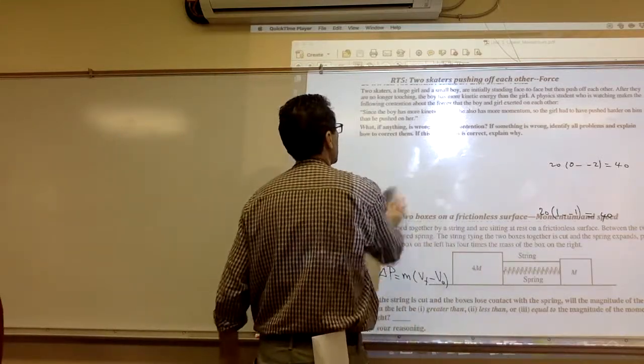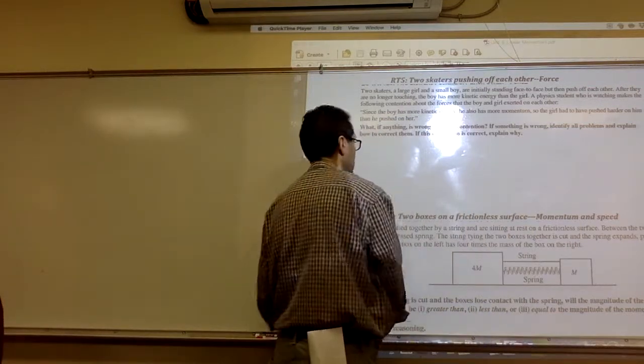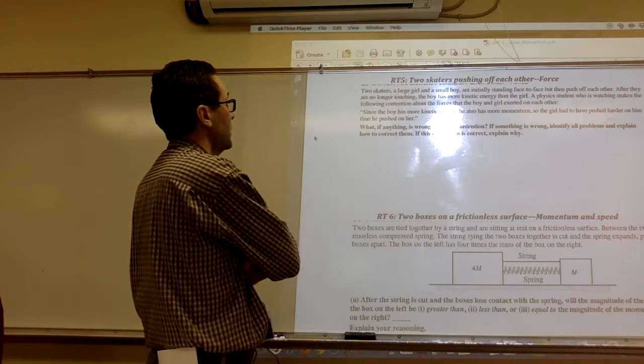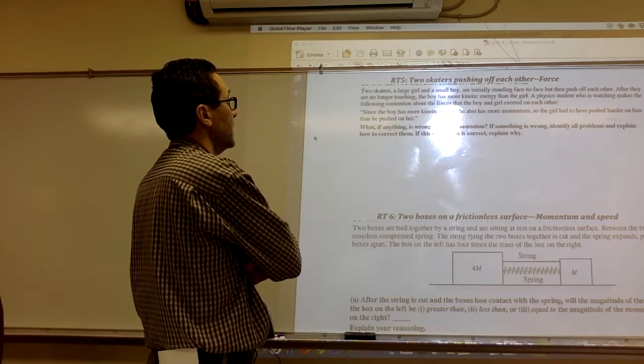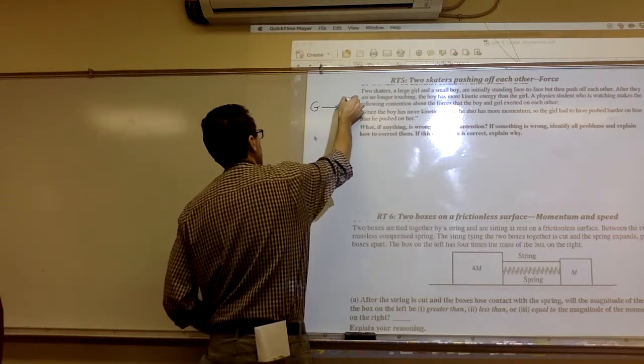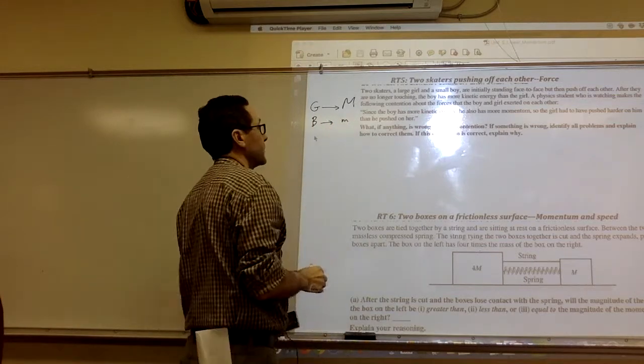Okay. RT5. 2 skaters pushing off each other. Okay, so we're going to try to figure out information about the force. 2 skaters, a large girl and a small boy, are initially standing face to face. So basically the girl has more mass and the boy has a smaller mass.